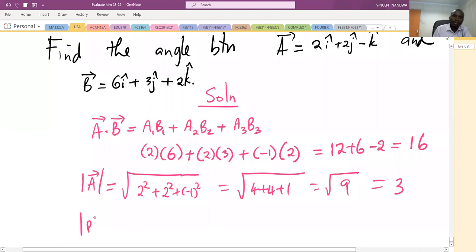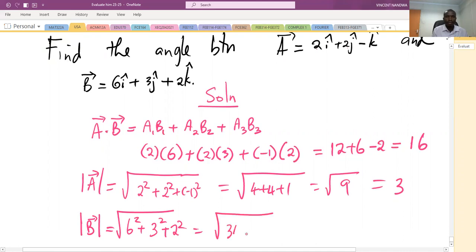Magnitude of B will be given by square root of 6 squared plus 3 squared plus 2 squared. So that's 36 plus 9 plus 4, square root of 49, which is 7.